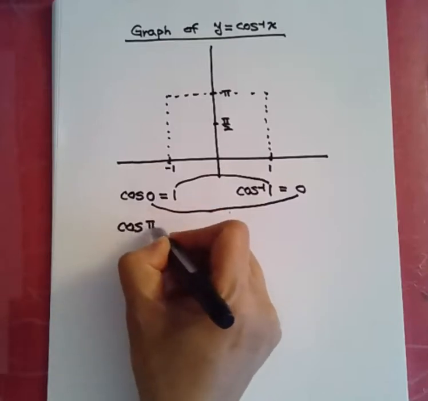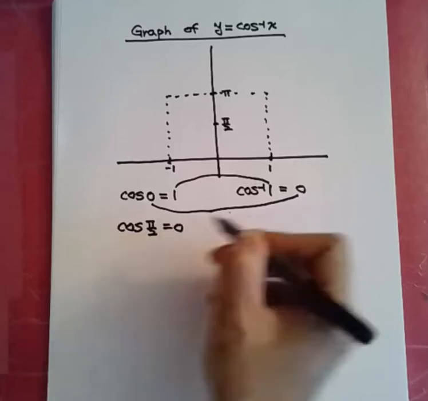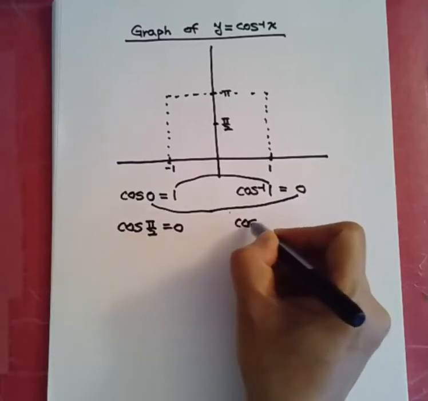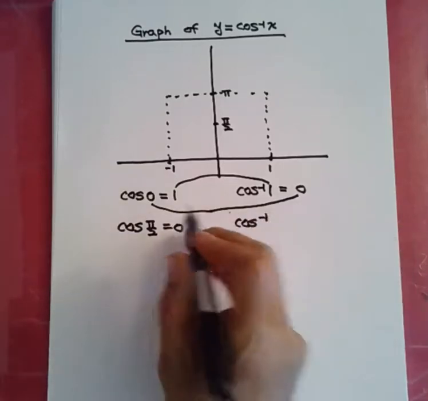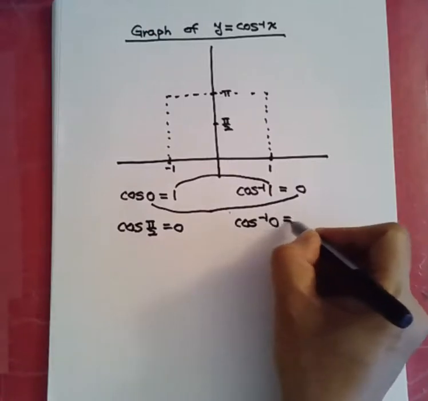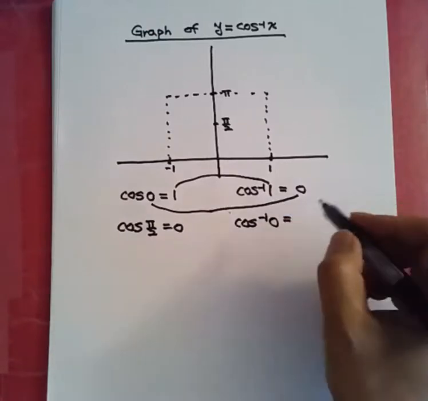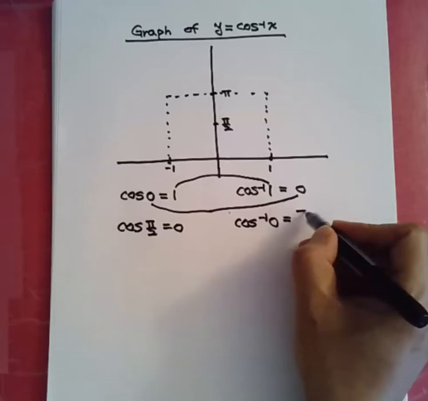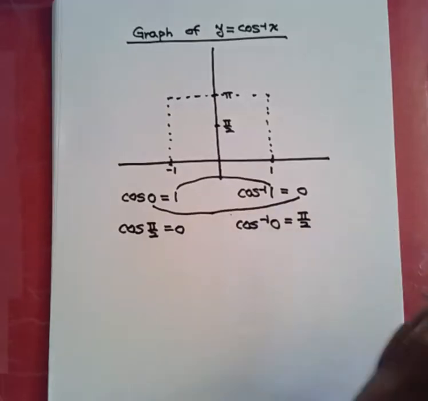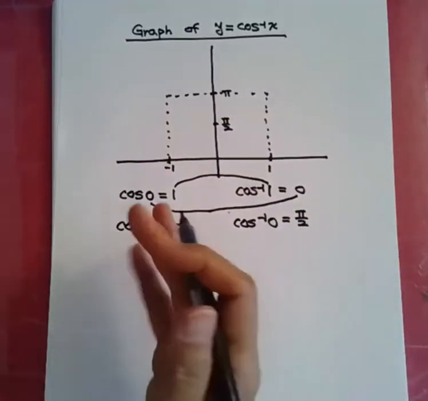Cosine of pi over 2 equals 0. We do the same thing. Cosine inverse of 0, the output became input, and then the inverse value becomes pi over 2, which was the input.